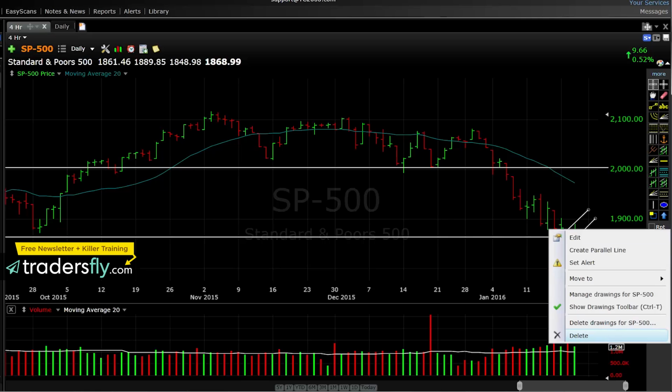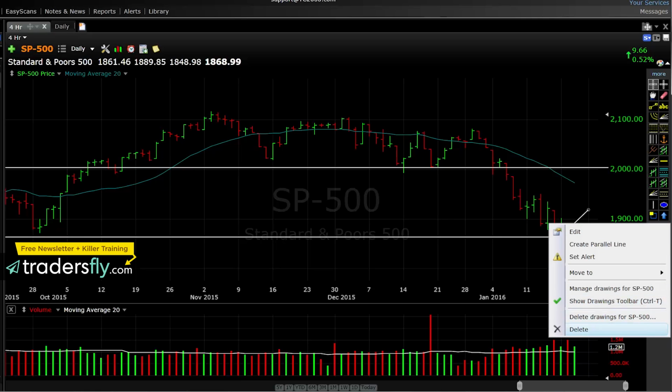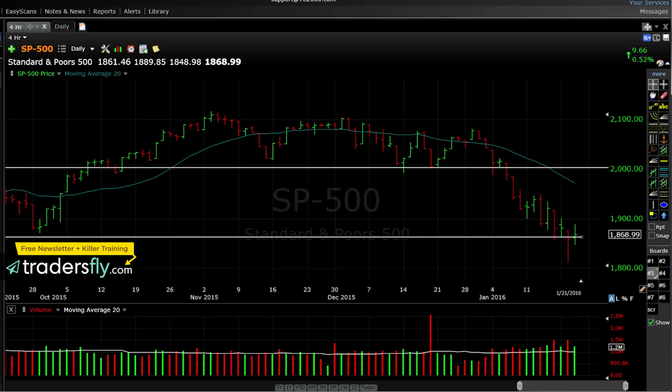But since things were acting weak today, since tomorrow's Friday, typically on Fridays you may get even more selling because people don't want to be long over the weekend. They don't want to hold positions over the weekend. They're scared, so they'll get rid of them, especially the shorter term traders, and get out of the position.